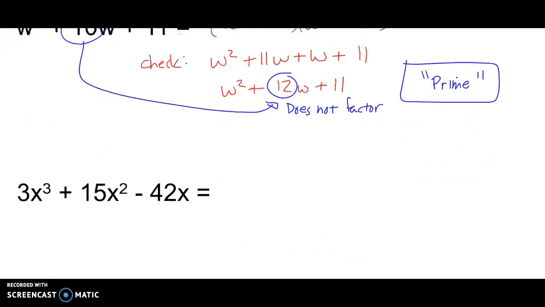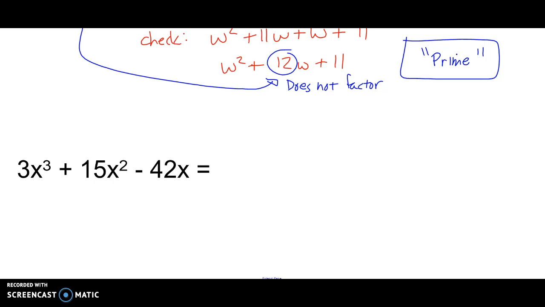And then one last example down here is a very important one, because this will take what we're learning right now and connect it back to section 5.1. Here, my first piece of advice is always pull out a common factor first.